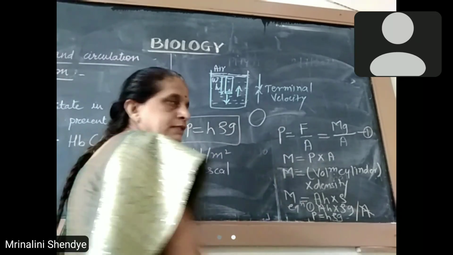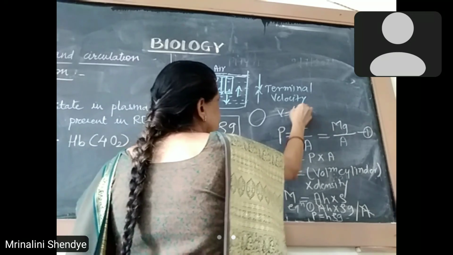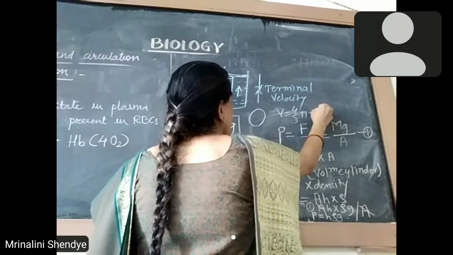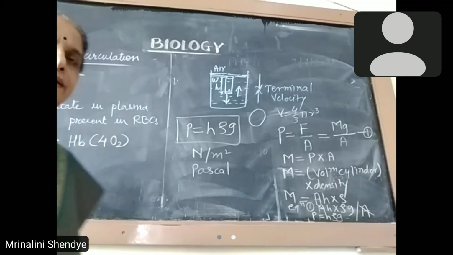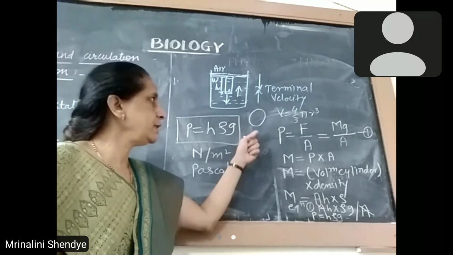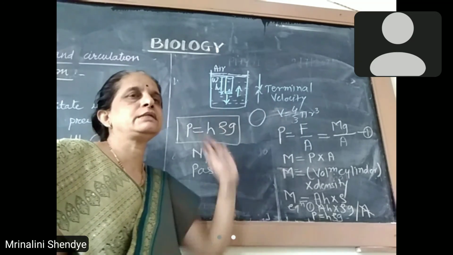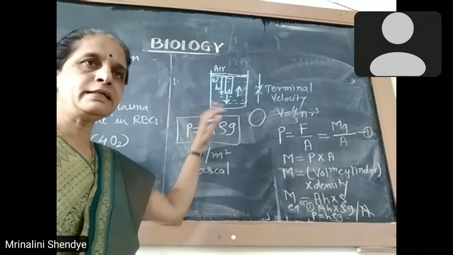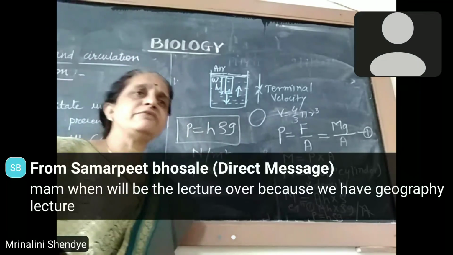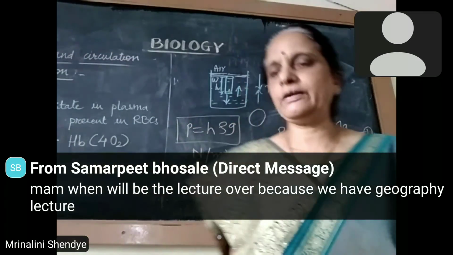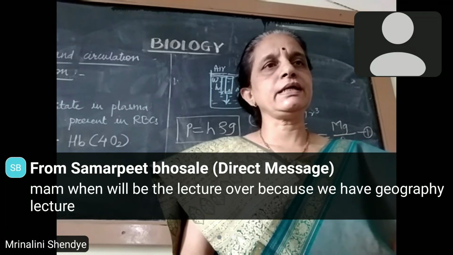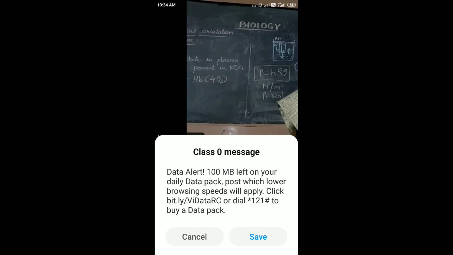The sphere has a volume, and we know that it is 4 by 3 pi r cubed. Accordingly, the area you can find out is pi r square. In this way, it is applicable for different bodies. But in your textbook it is given for a cylinder, so you have to remember the pressure exerted on any type of cylinder is equal to H rho G. Okay? So these points you have to remember.